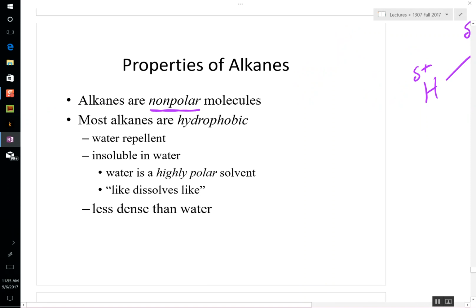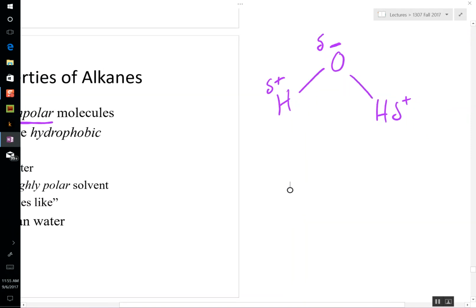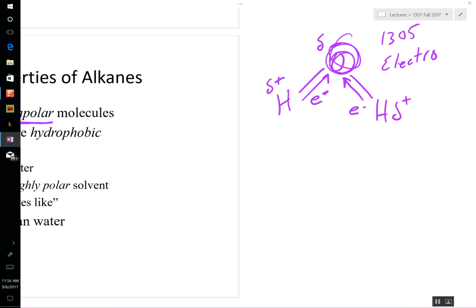Hydrocarbons don't have that. If you remember 1305, this flows out of electronegativities. Because oxygen has a very high electronegativity, the electrons are being pulled towards the oxygen, and electrons are negative. So they're flowing around that oxygen and making that oxygen appear somewhat negative and leaving a proton out here without an electron around it most of the time, and protons are positive. So they have a pole to them.